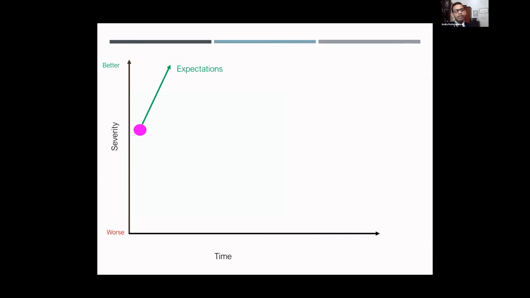So they want early recovery from breathlessness, and their expectations are generally very high. But in reality, we know if we do not intervene appropriately and in time, the reality will be like this. There will be either worsening of symptoms or even death is a possibility. Therefore, it is very important to intervene appropriately, early and rationally.